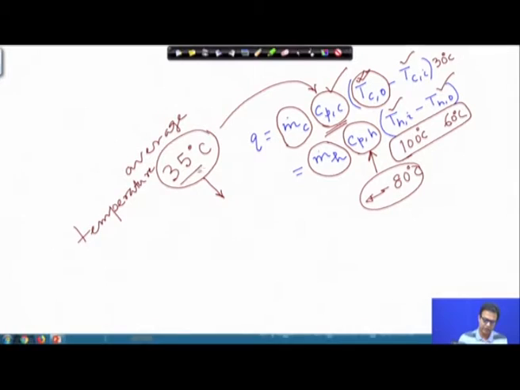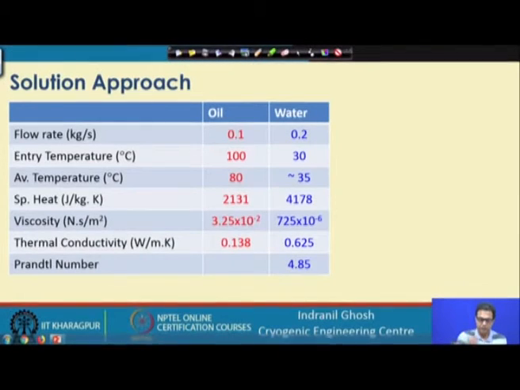So, at 35 degree centigrade average temperature of the cold fluid, let us go back. These are the average fluid properties: the Cp of the hot fluid, the Cp of the cold fluid, the viscosity values, the thermal conductivity, and the Prandtl number of the water given here. We have not taken this one because it is not needed in the problem statement.